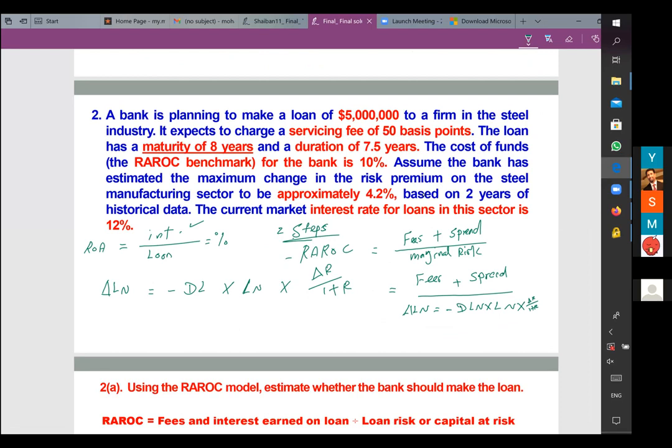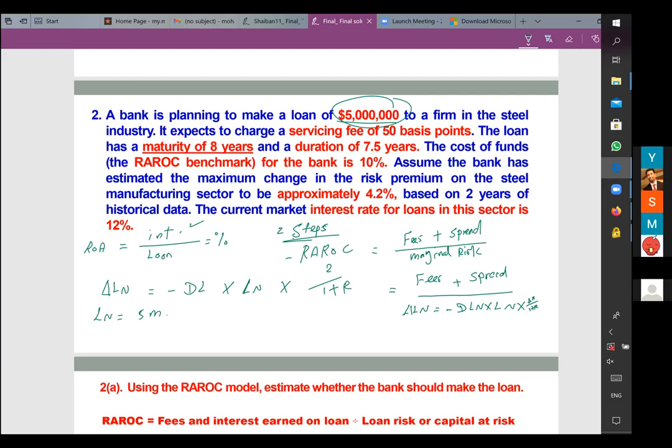So for the loan, it's 5 million. This is one issue we need. I highlighted it for you. And the servicing fee is actually 50 basis points.